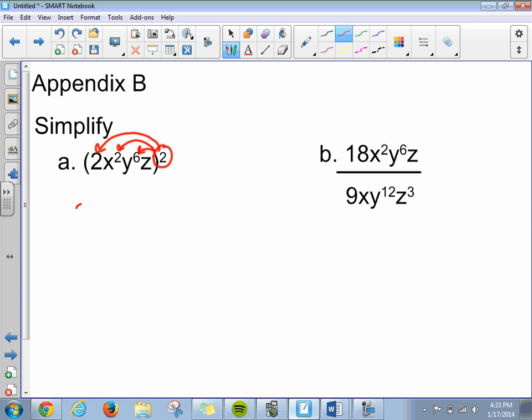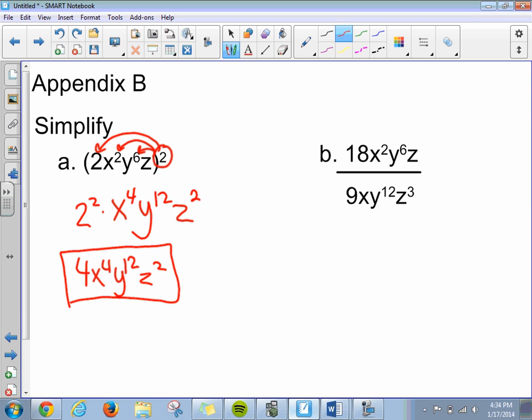When we do that, we'll have 2 squared times x, and then remember with exponents we're just multiplying them, so that's going to be x to the 4th. Then for our y, 2 times 6 is going to give us 12, and z is to the 1st right now, so we're going to square it. When we simplify it, because you'll notice we haven't fully simplified, we'll end up with 4 x to the 4th, y to the 12th, and z squared. And that's all we need to do to simplify this one.